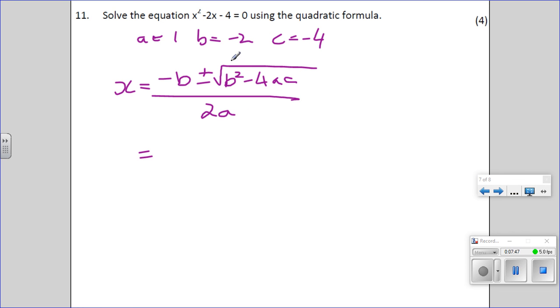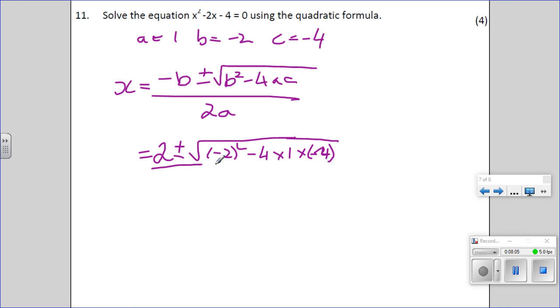So substituting in all this information, I get the negative of negative 2, which is 2, plus or minus the square root of negative 2 squared minus 4 times 1 times negative 4, all divided by 2 times 1.